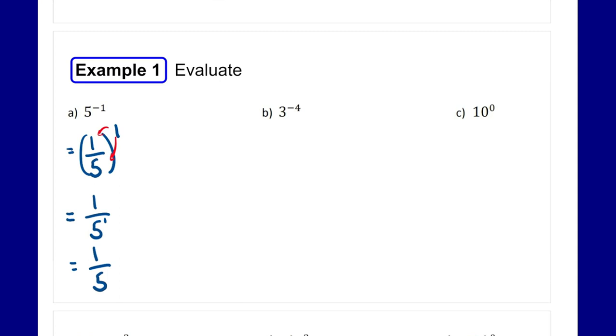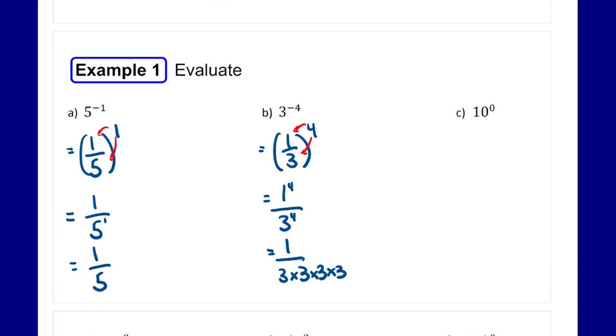B is similar. I have to write the reciprocal of the base. So instead of 3, it's 1 over 3 to now a positive 4. So when I flip the base, I change the sign on the exponent to positive. That power of 4 applies to both parts. 1 to the power of 4 doesn't really change anything. 3 to the power of 4. 1 to the power of 4 is 1. 3 to the power of 4 is 3 times 3 times 3 times 3.